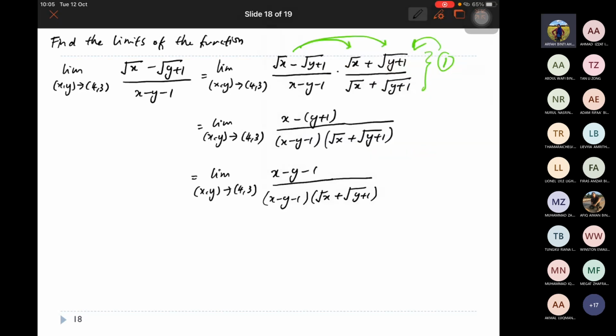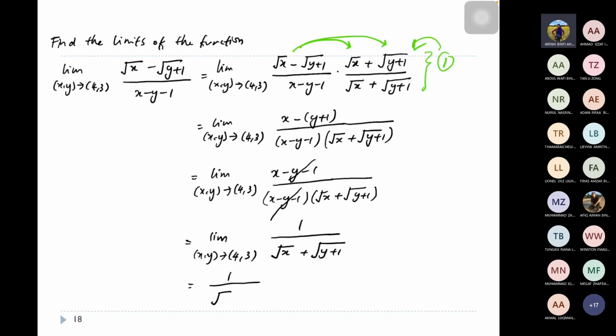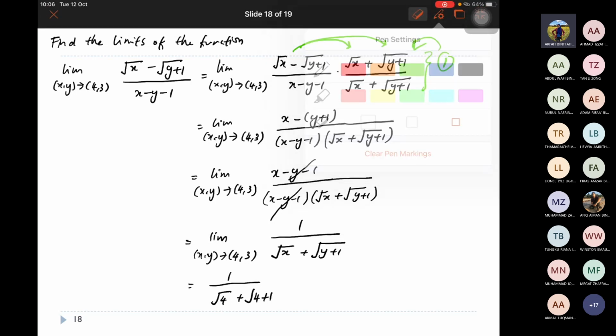Yang ini boleh potongkan dengan yang bawah. So, akan dapat sama dengan limit of xy approaches 4, 3 1 per square root x tambah square root y plus 1. Akan sama dengan 1 per square root 4 tambah square root 4 tambah 1, 3 tambah 1. Square root 3 tambah 1 sama dengan 1 per 4. So, tu jawapan dia.